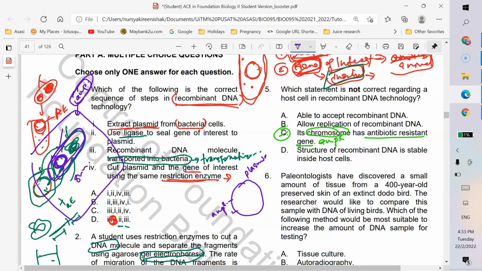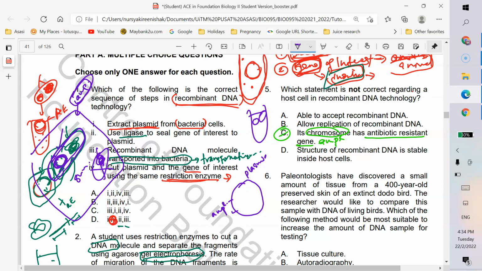Okay, itu kegunaan marker gene ni untuk screen. Sama ada bakteria tu berjaya ambil plasmid ke tak berjaya ambil plasmid. Okay. Sebab bila awak mixkan test tube yang awak dah cut and then insert gene of interest and then you are going to mix with the host cell kan, ada bakteria yang tak berjaya ambil plasmid. So bila bakteria yang tak berjaya ambil plasmid dalam ampicillin tu, dia akan mati. Itu adalah screening process. Okay.